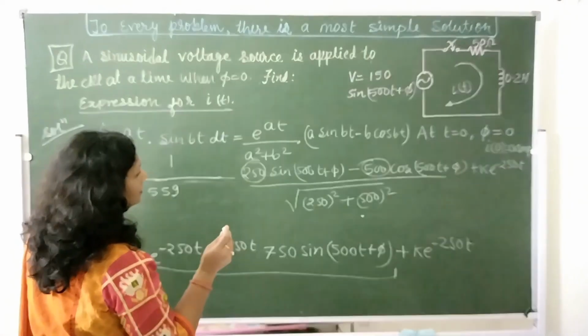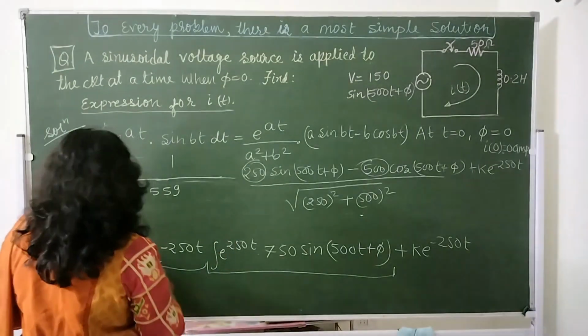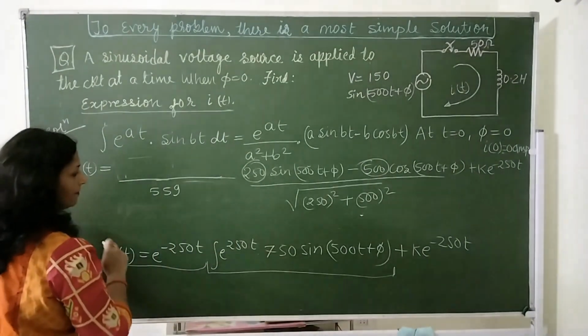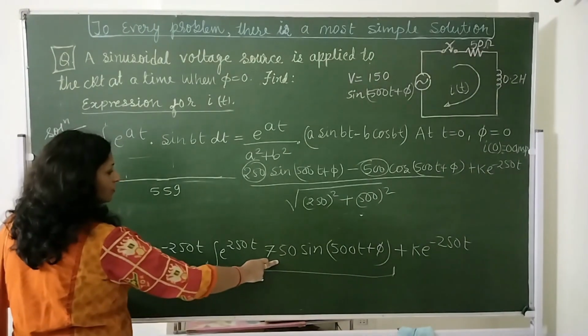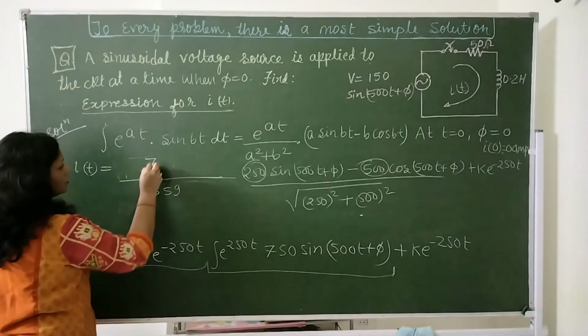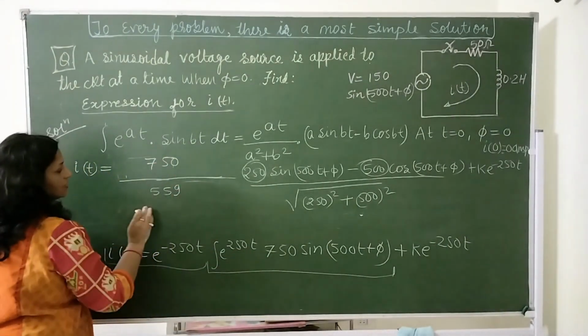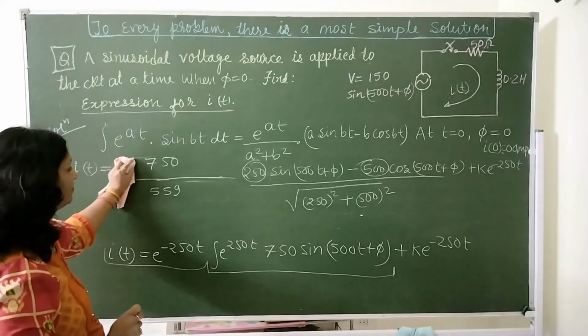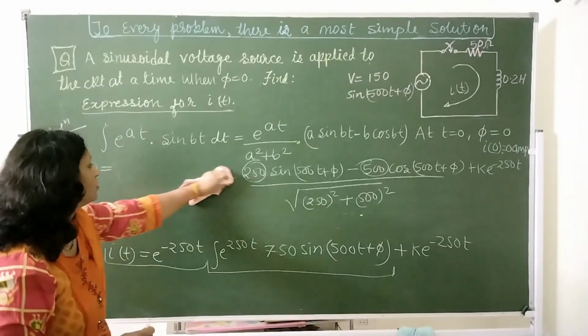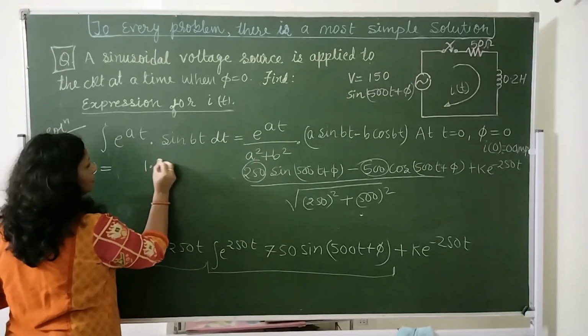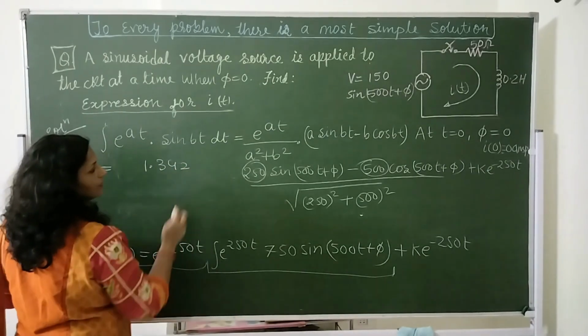And 750 is also there. So 750 divided by 559 is equal to 1.342.